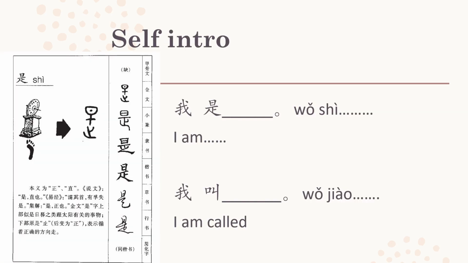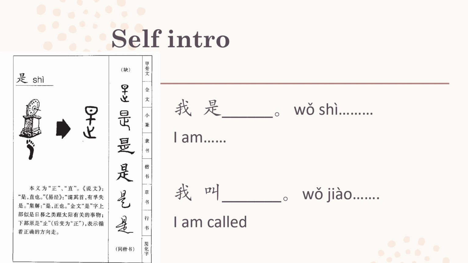Finally, it's time for us to learn the sentence to introduce who you are. Okay, look at this sentence. 我是, 我, I. 是 could be am, is, are, or was, were. So in Chinese, there are no verb tenses or verb changes.